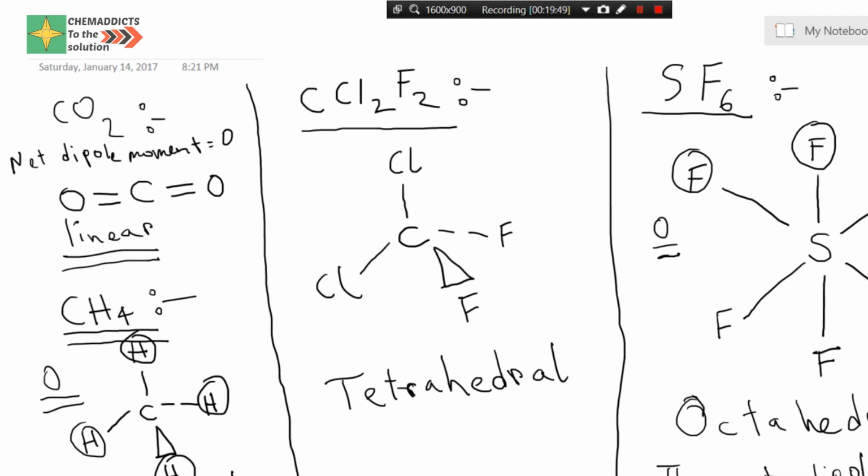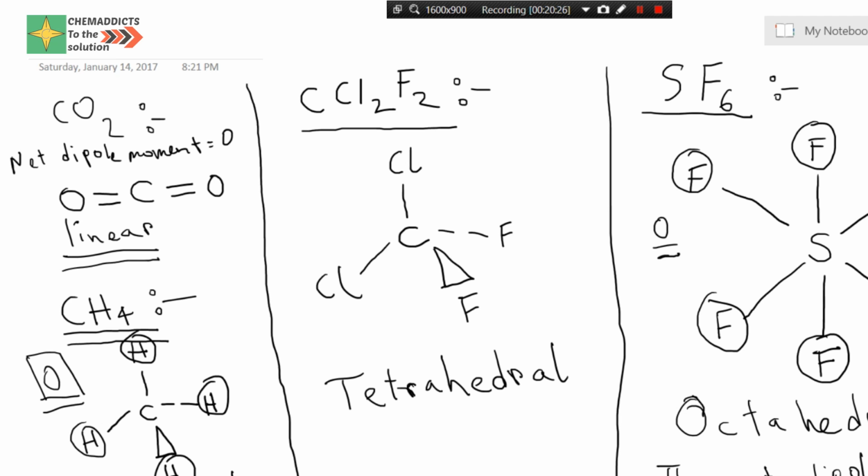All the fluorine atoms are attached to this sulfur, so that makes it octahedral, and this is why the net dipole moment would be 0. In methane, all the hydrogen atoms are attached to the central carbon atom, and the shape is tetrahedral, therefore the net dipole moment would be 0.